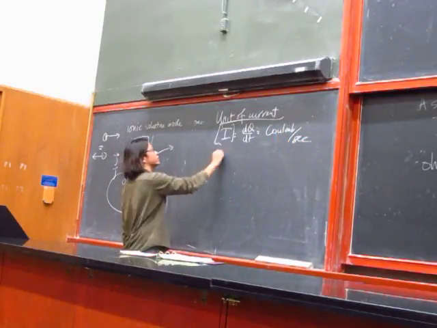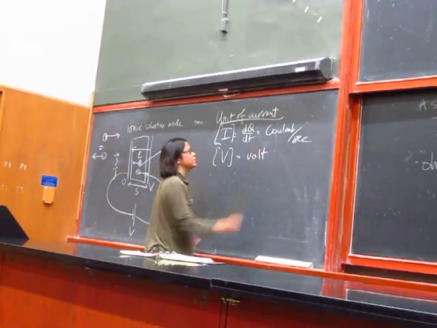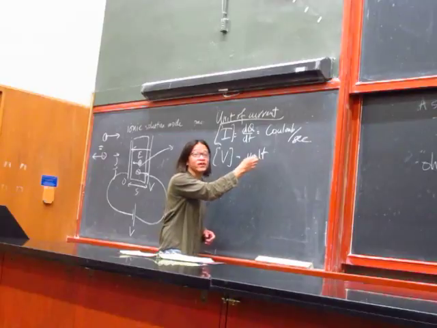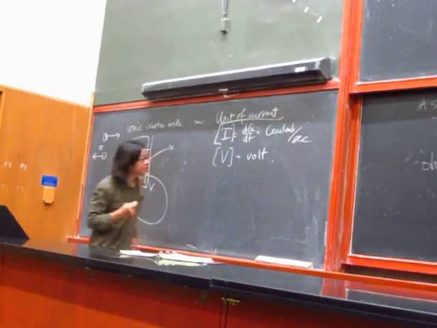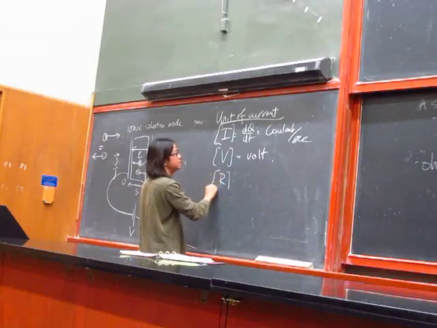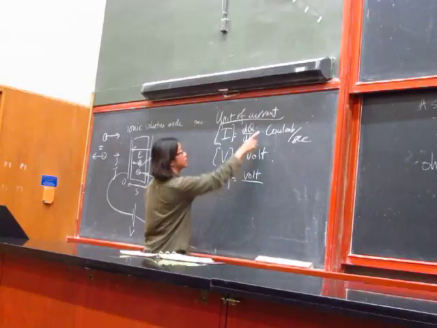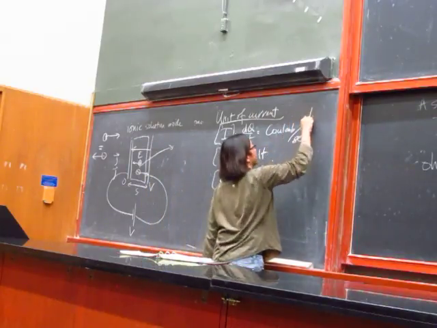And the unit of potential is volt. Is it volt or with an S or no S? No S, volt. And so the unit of resistance, I'm going to actually write volt per, and this is actually called ampere.